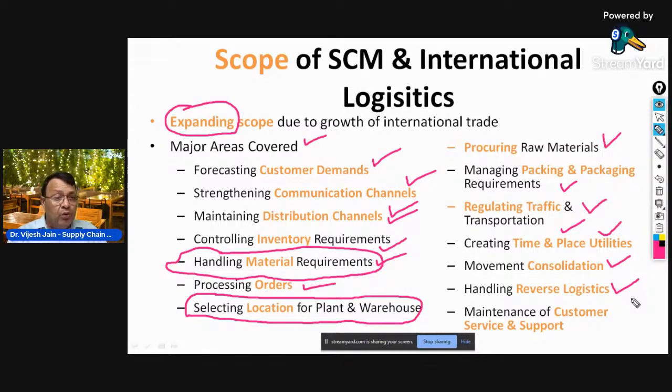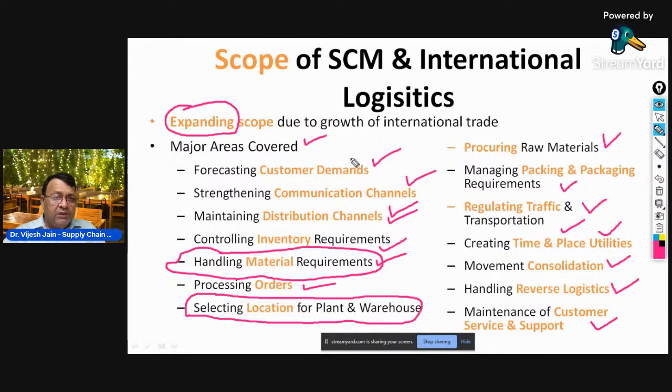How it is to be done is a little complicated, but this is the need of the hour to reverse the damage that is happening to the climate, and maintenance of the customer service and supports, also post sale services.